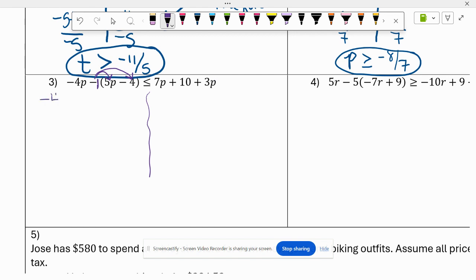Negative 4p, a negative 1 times a positive 5 is a negative 5p, and a negative 1 times a negative 4 is a positive 4, is less than or equal to 7p plus 10 plus 3p.